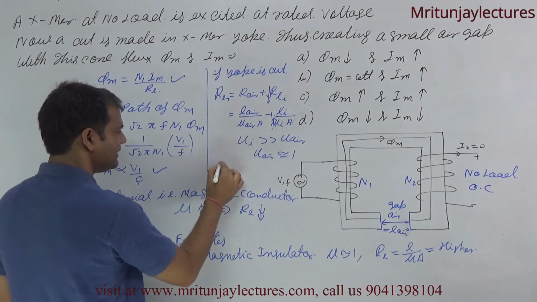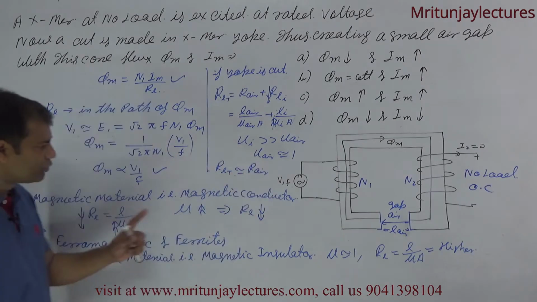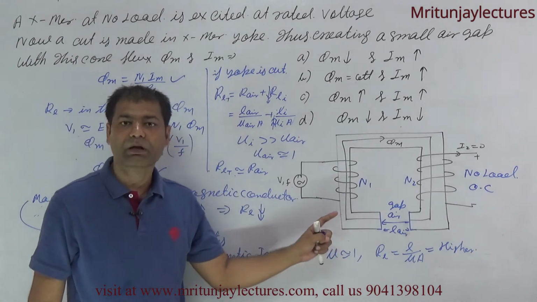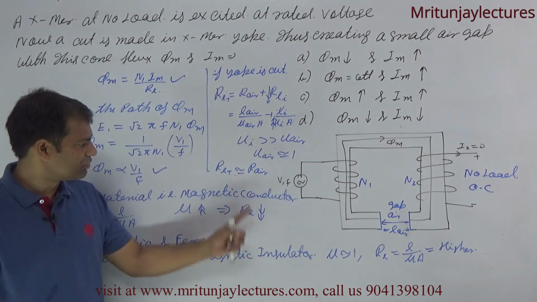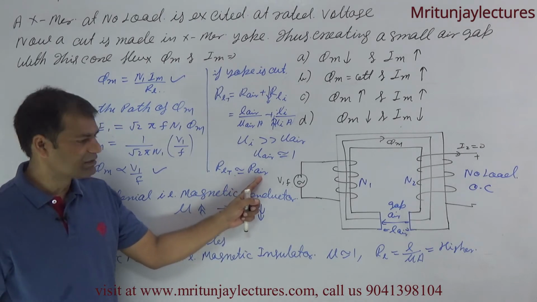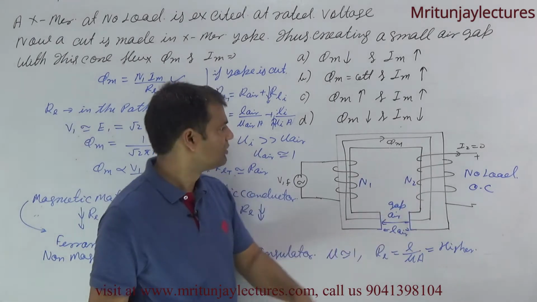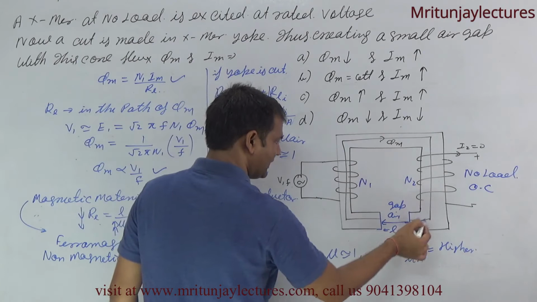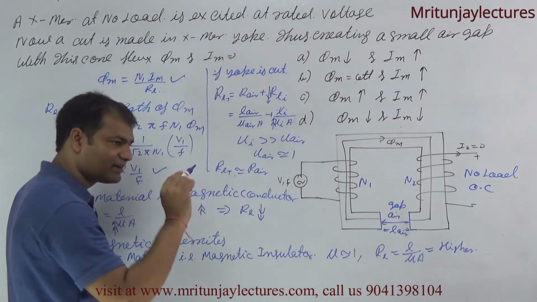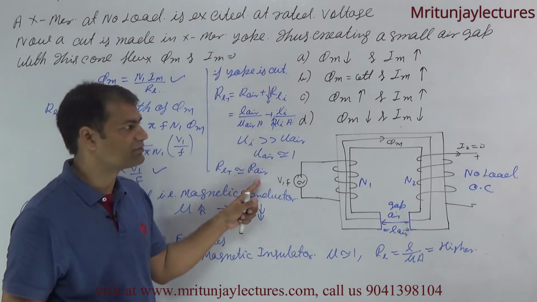That's why the total reluctance of the core is equal to the reluctance of the air gap. Why? Because the reluctance of the iron core as compared to the air gap reluctance is very low.